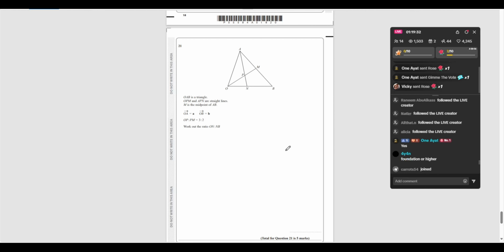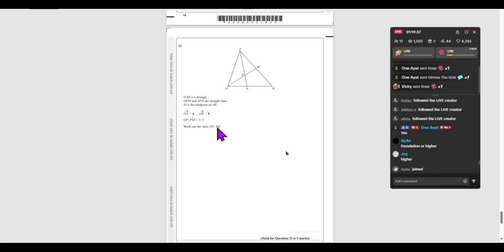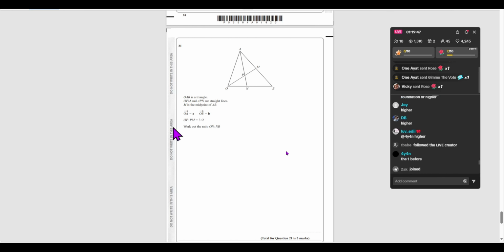So this is going to be our last question for the higher paper, okay? But when we finish this last question, then live is going to end, okay?